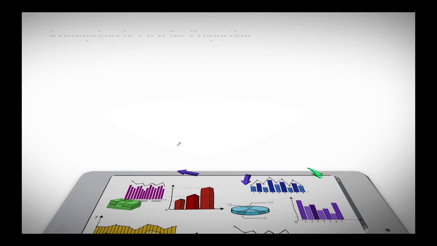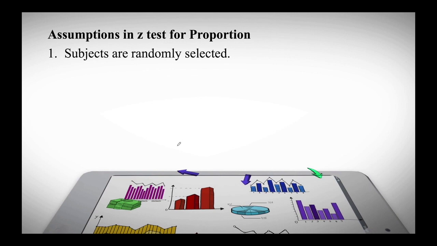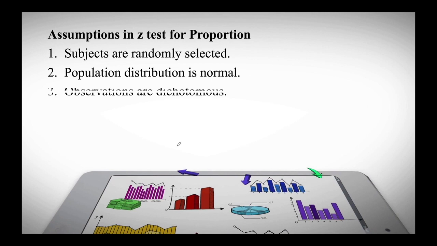Now, let's have the assumptions in z-test for proportion. The assumptions are: the subjects are randomly selected. Second, the population distribution is normal. Almost all of what we start with in one population assumes that the distribution is normal. But in reality, you need to check those distributions first before going into this type of inferential statistical analysis.